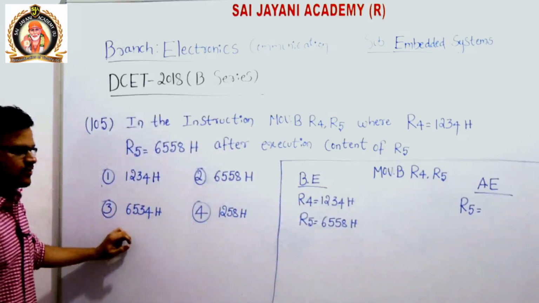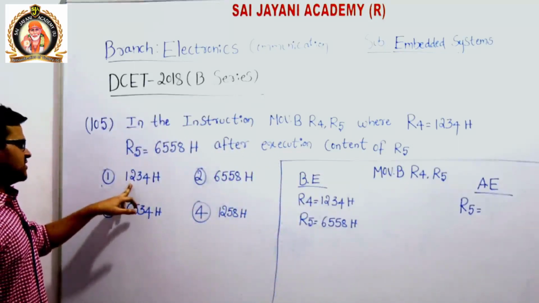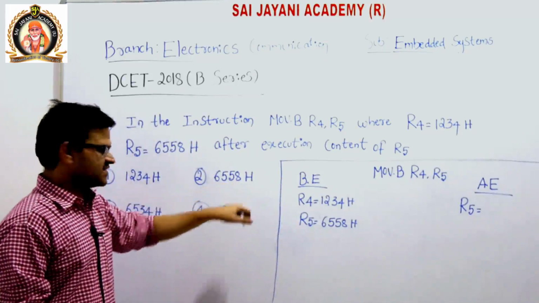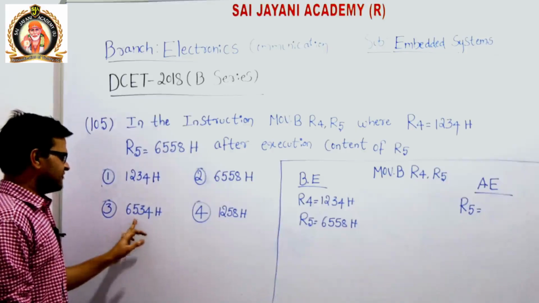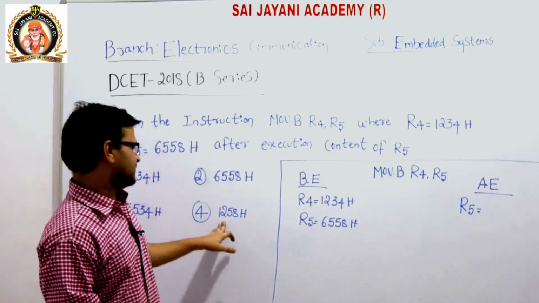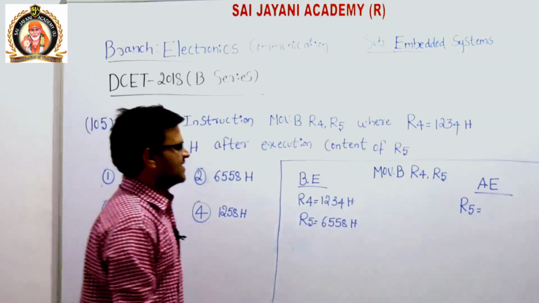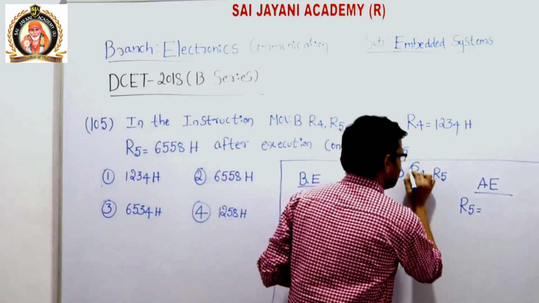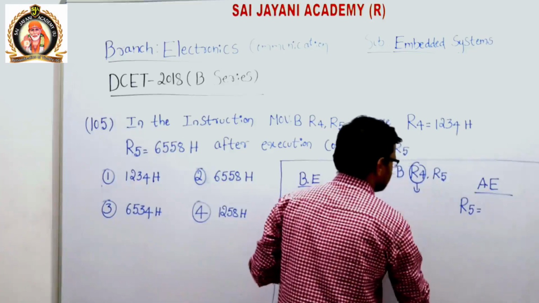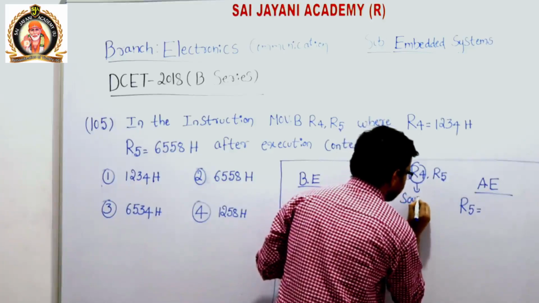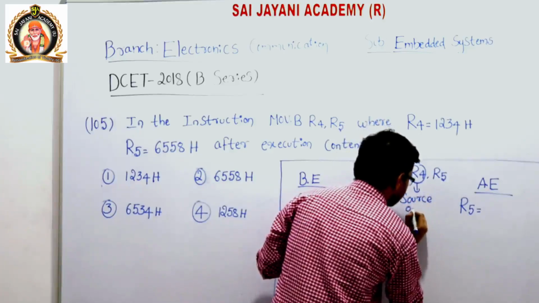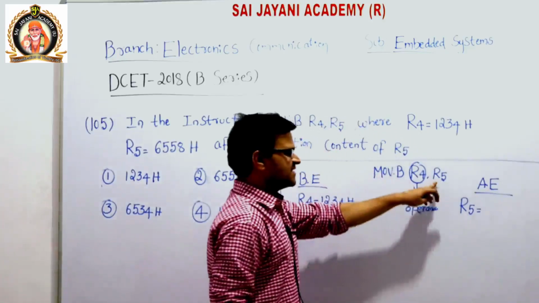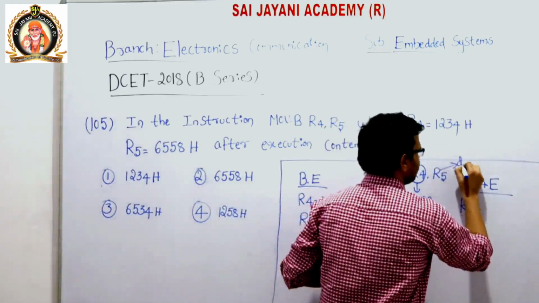The options are: 1234 H, the second option is 6558 H, the third option is 6534 H, and the fourth one is 1258 H. In this instruction, R4 is the source operand, and R5 is the destination operand.